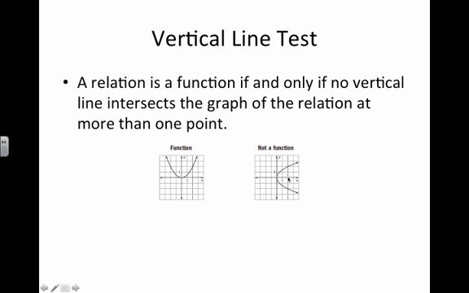And that's because, for instance, the x value 1 has a y value that corresponds to it up here, has an output up here, and it has a y value down here, an output down here. So the vertical line test works for us because if a graph of a relation fails the vertical line test, that means that for at least one x input, there are at least two y outputs.